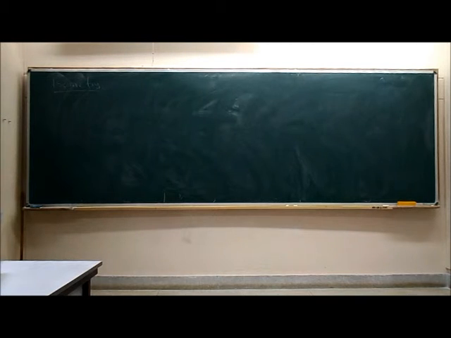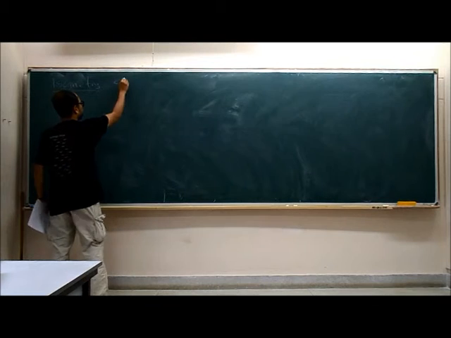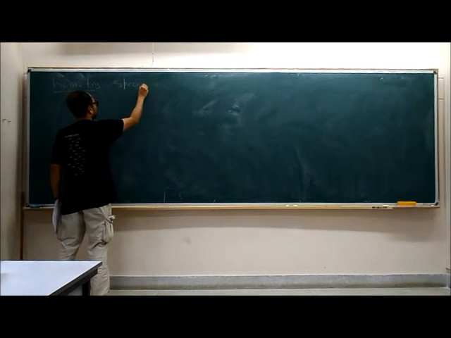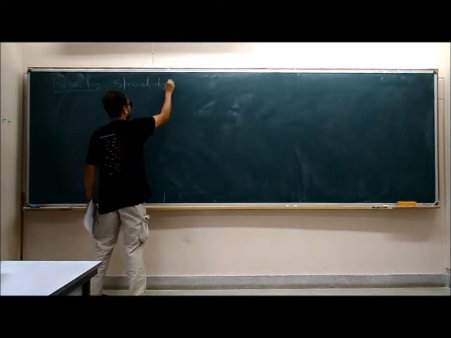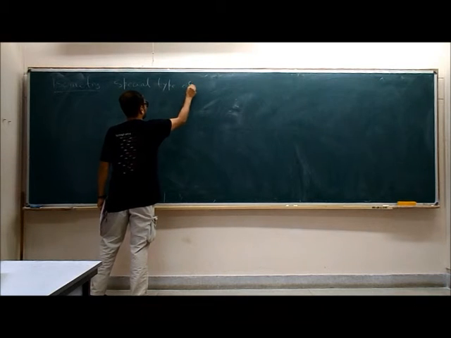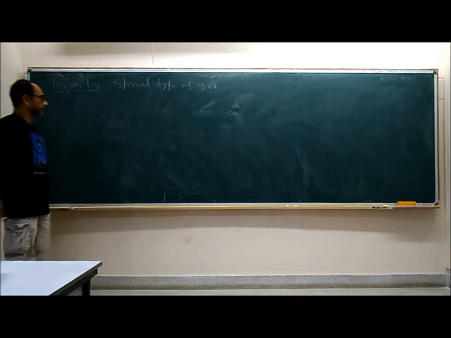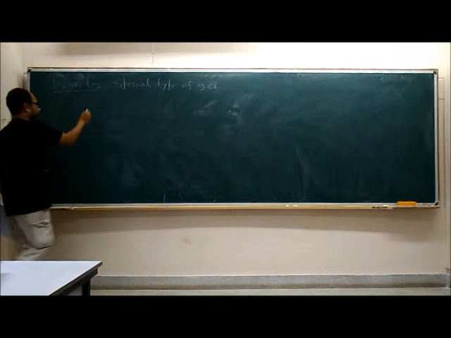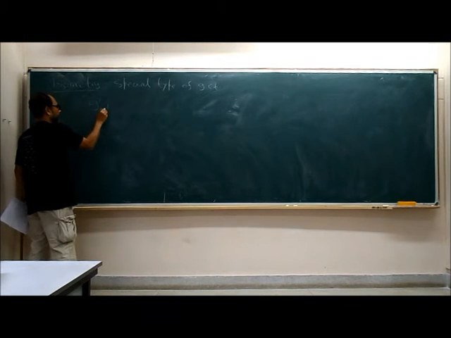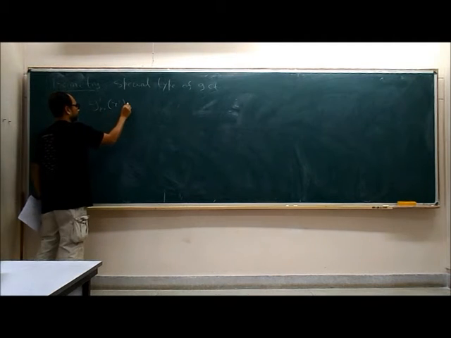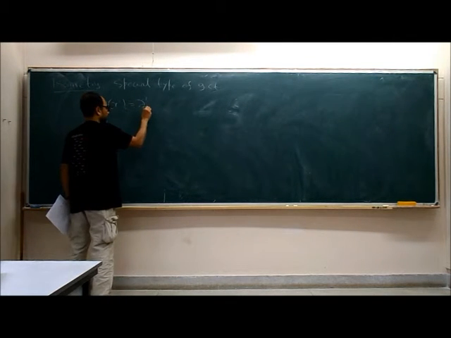So isometries are a special type of general coordinate transformations. Let's recall that under a general coordinate transformation, we have this equation.